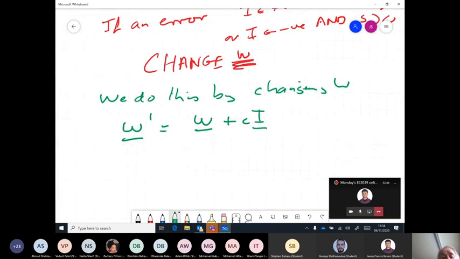And we do that so that the new weight vector, W prime, dot the current input pattern equals minus S.